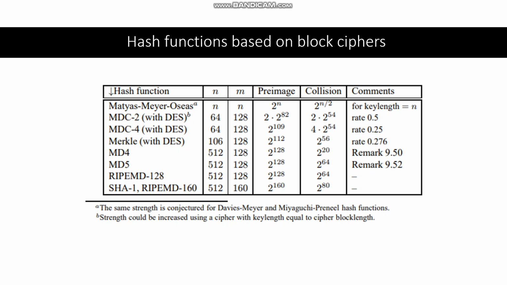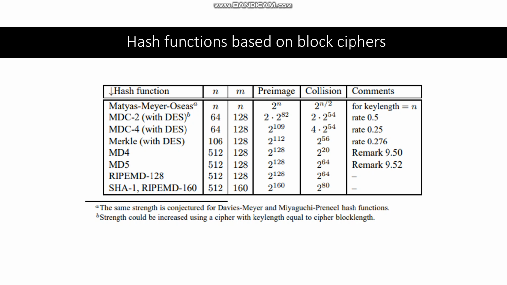What about the hash functions based on block ciphers? A practical motivation for constructing hash functions from block ciphers is that if an efficient implementation of a block cipher is already available within a system, either in hardware or software, then using it as a central component for hash functions may provide the latter functionality at little additional cost. Here in this slide, you can see the table.